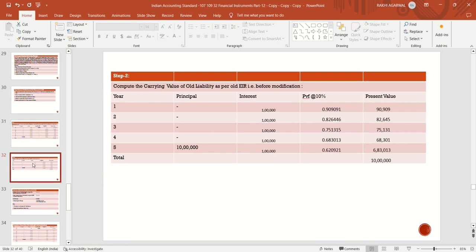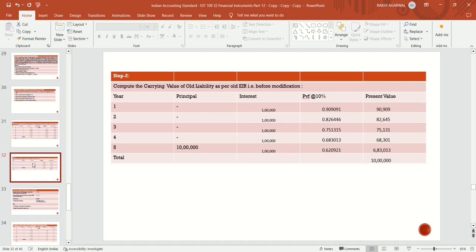Now in step 2 we have to compute the carrying value of the old liability. For 5 years, what was the carrying value of the old liability, we have to compute before modification. We had entered a transaction for 10 years. The bond is repaid as a bullet repayment of 10 lakhs, and interest is to be paid on that value at the rate of 10%.